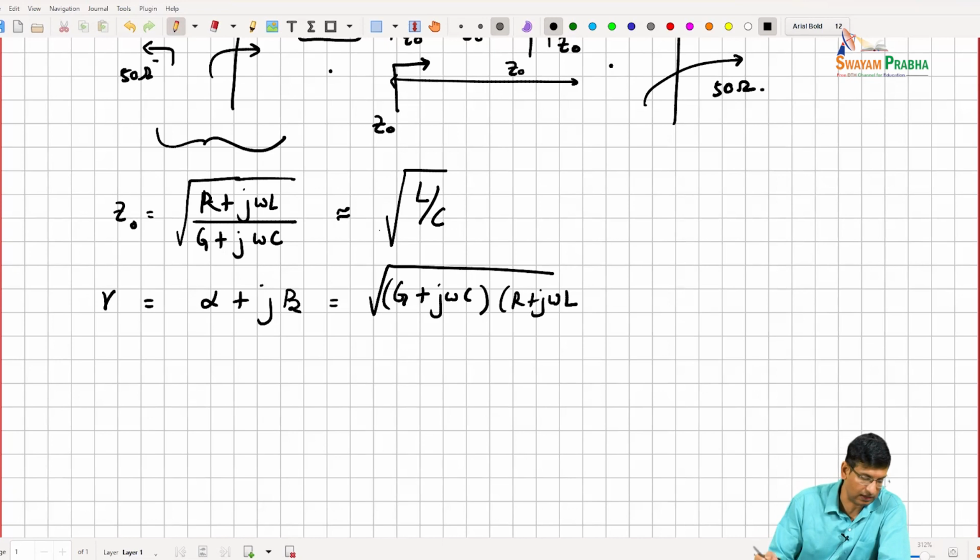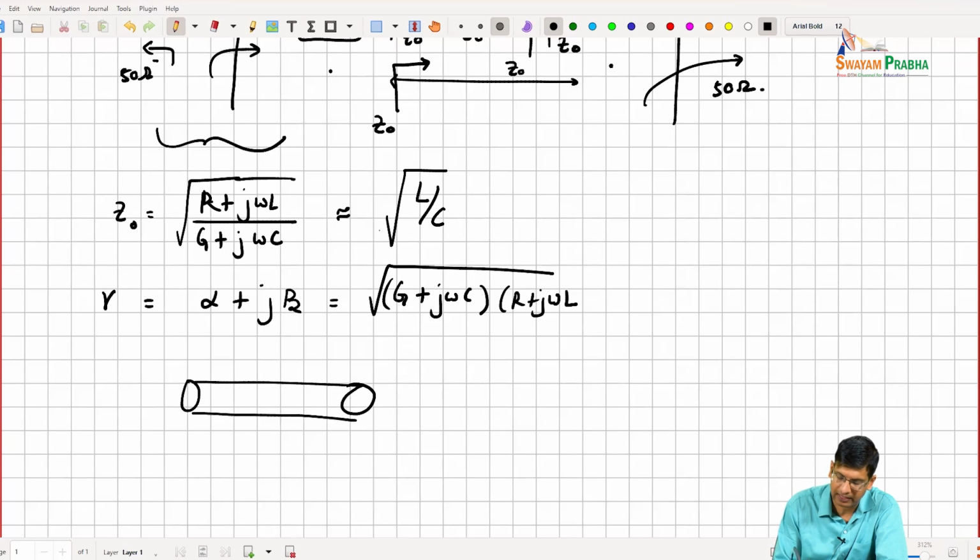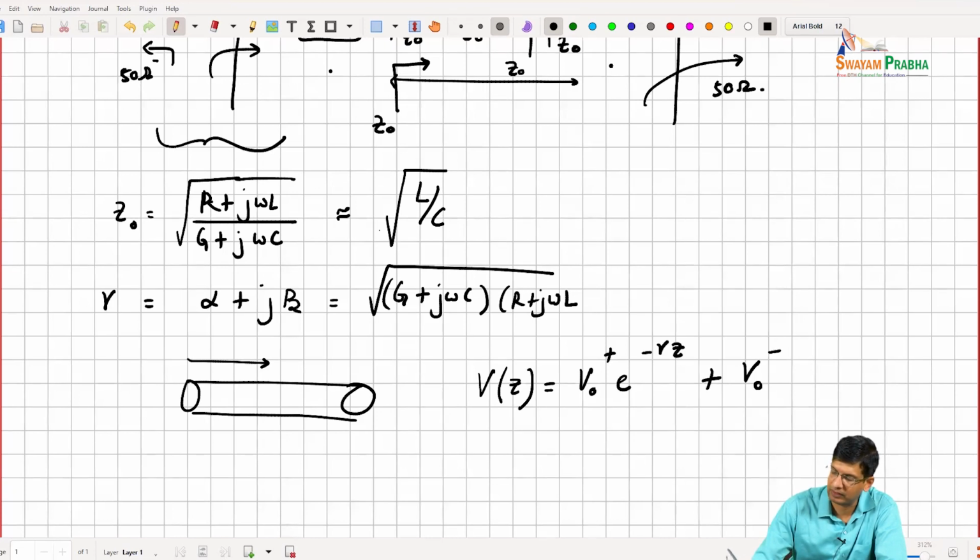So the assumption here is that as you have a transmission line, and signals are propagating on it, your forward and backward waves along the transmission line follow V0 plus e to the power minus gamma z plus V0 minus e to the power gamma z.